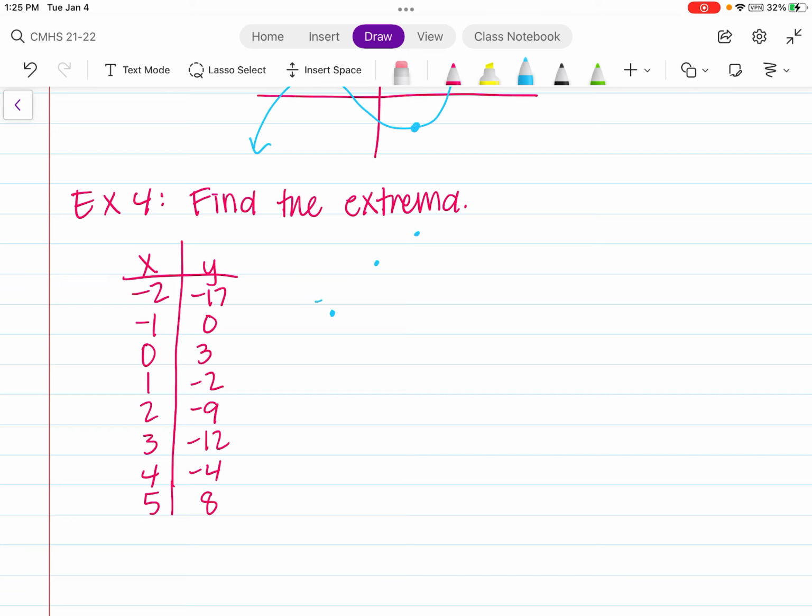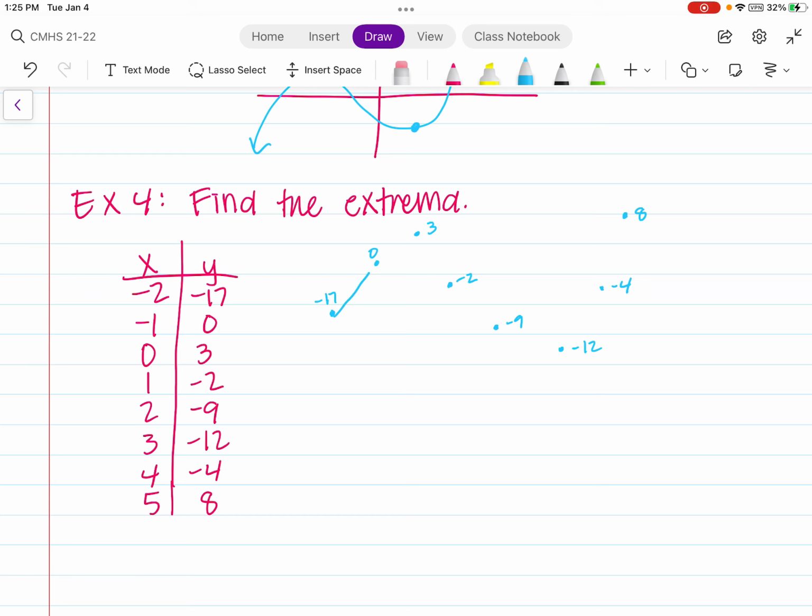So here, let me label them. Negative 17, 0, 3. And then the next one goes to negative 2, so that's back down again. And then negative 9 is down. Negative 12, even further down. Negative 4 is up a little bit. And then 8 is way up.